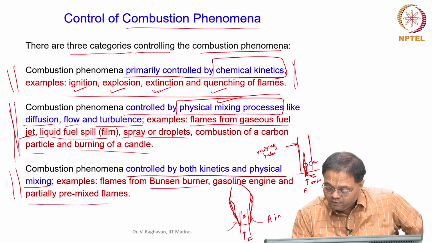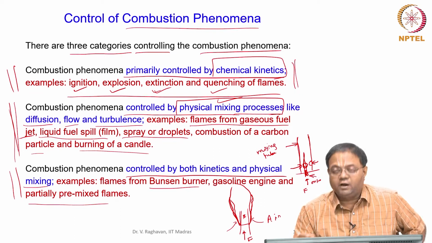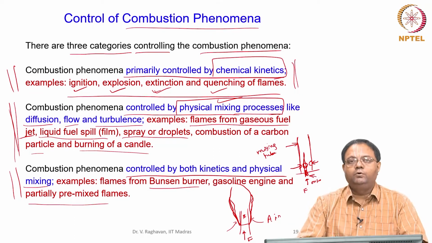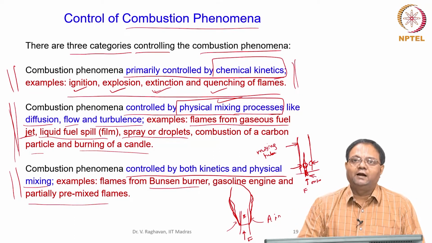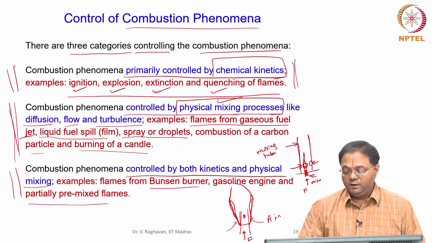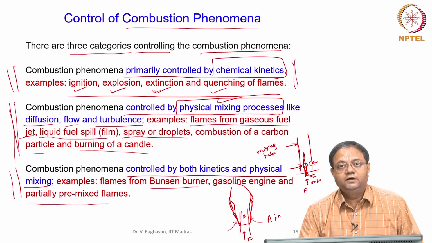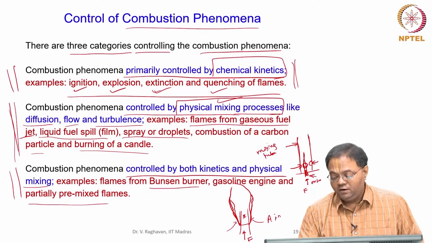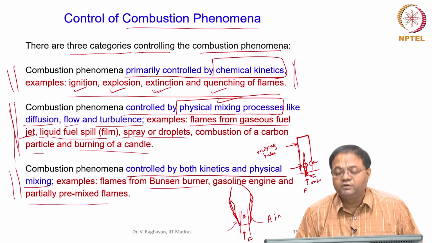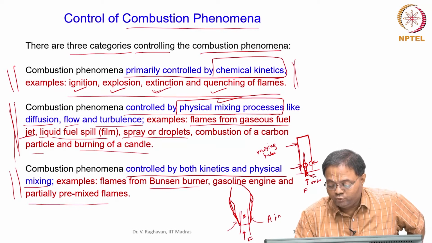When the fuel is injected like this, due to the high momentum of the fuel jet, the air entrains from the ambient. To the holes, the air entrains, and these two mix. The fuel jet entrains the air and mixes with it. So, now what you see at the top of this mixing tube is a premixed reactant.